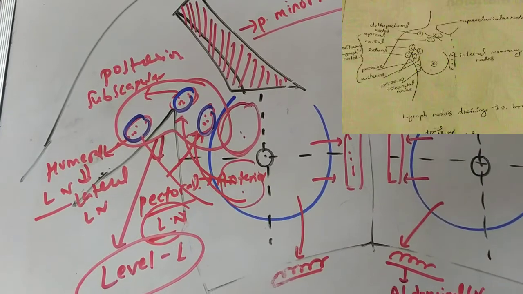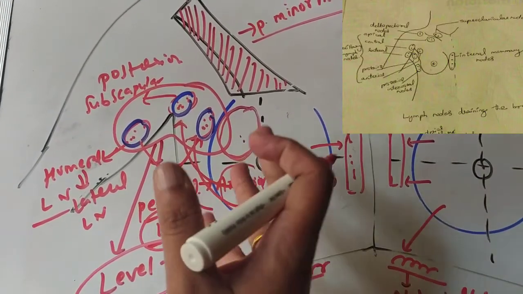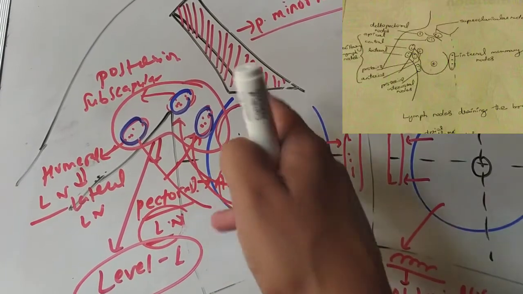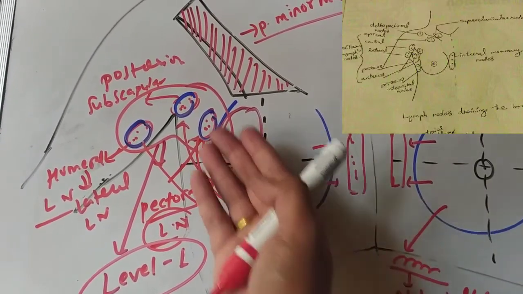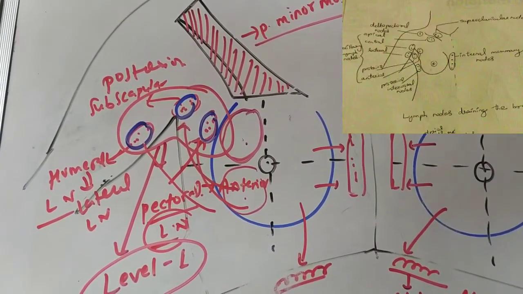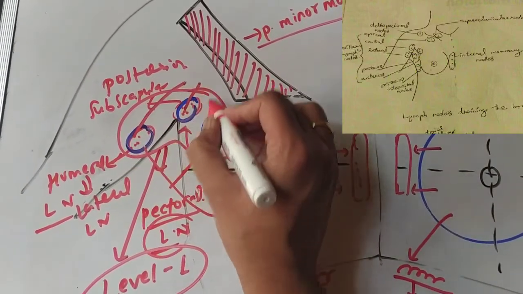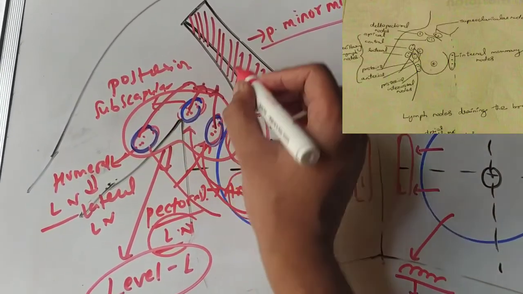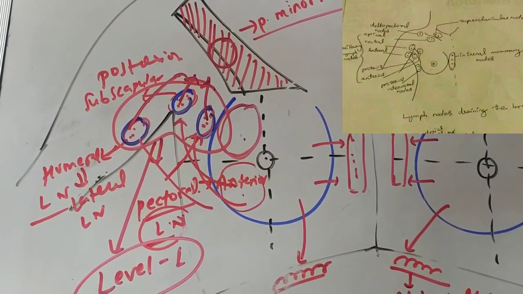So initially, any lymph present over the upper outer and the lower outer quadrants is first drained into these three lymph nodes. That's why they are known as level 1 lymph nodes. And from these lymph nodes, the lymph is taken into the level 2 lymph nodes, which are present behind the pectoralis minor muscle.